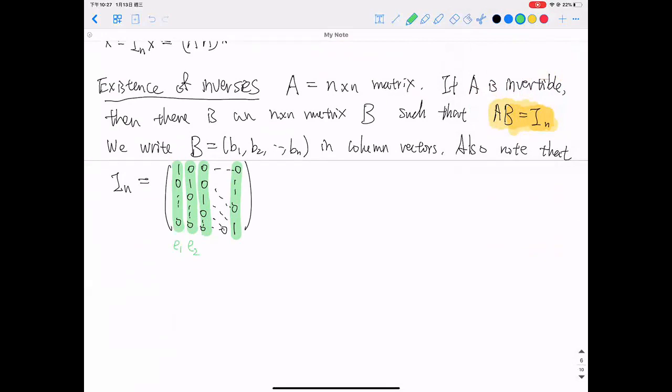The second column is the unit vector E2. The third is unit vector E3, and so on. So for this reason, if you write the identity matrix in column form, it is E1 through En.